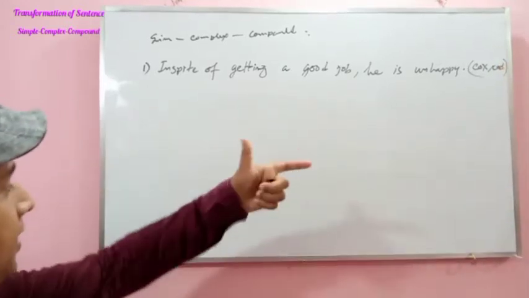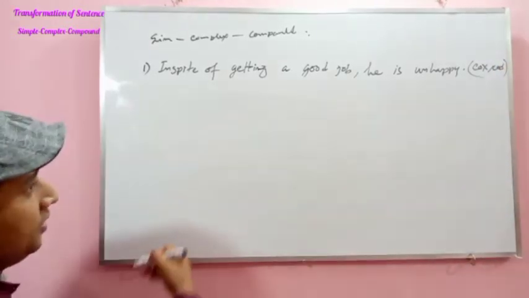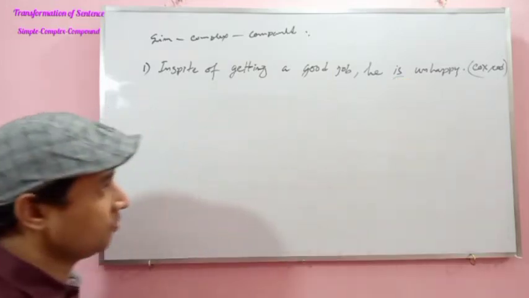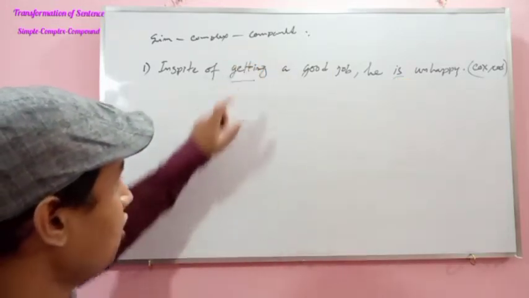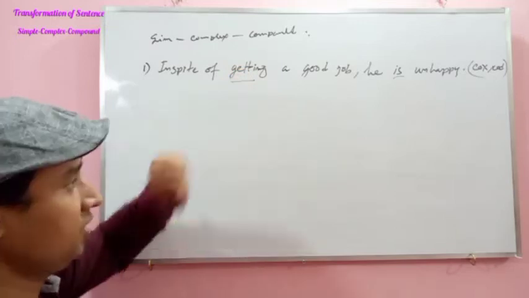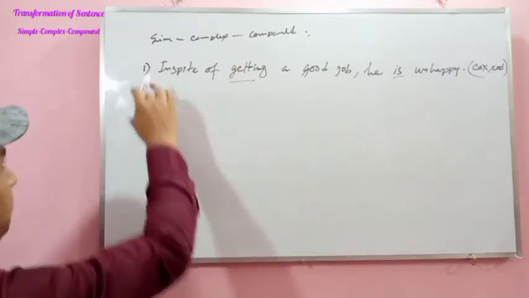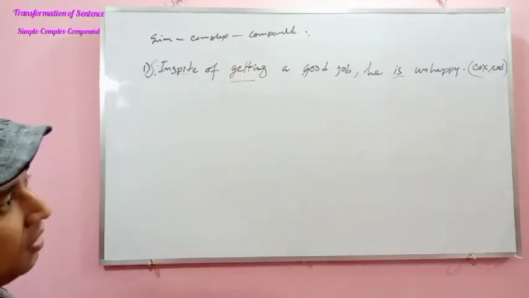Okay, this is an example of a simple sentence. There is only one verb. This is a verb, but it is not a finite verb, it is a non-finite verb. So this is an example of a simple sentence.